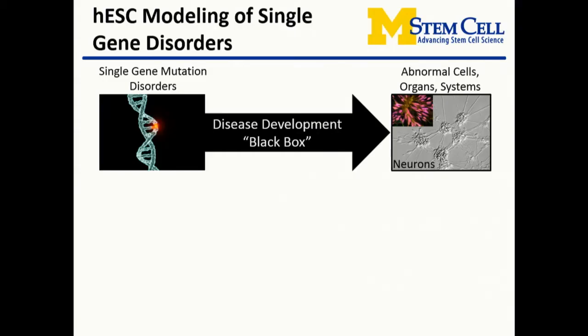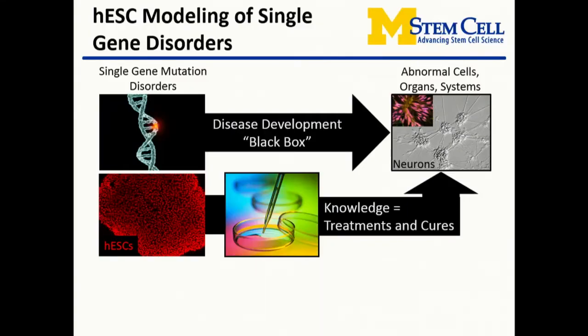In the last bit of my talk, I'd like to talk about disease modeling. And as I've mentioned, this really makes sense for single gene diseases, where we know a gene problem causes an abnormal cell or organ system. But what we don't know is how that disease develops and how it progresses. That's really our black box here.